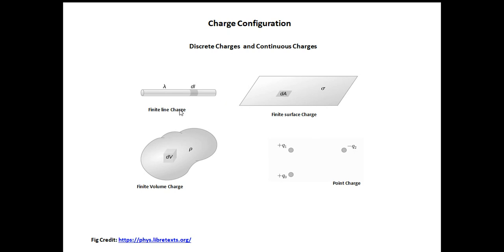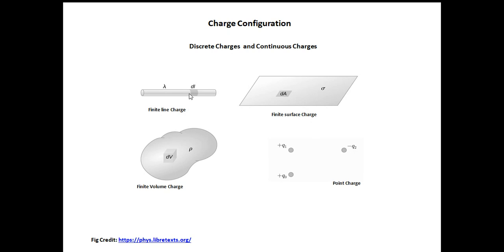What is the example of this? Supposing you are working with a CRT, then from anode to cathode there is an emission of electrons. It will create a line-like thing which can be called a line charge.